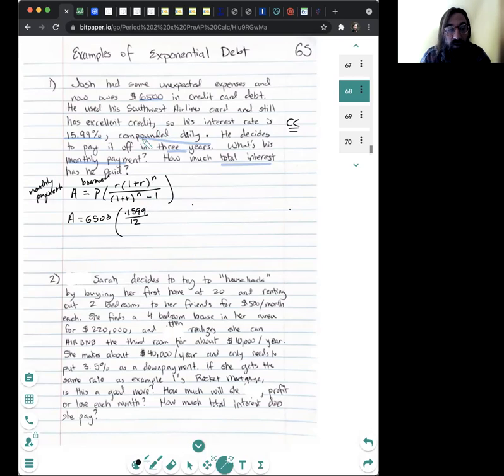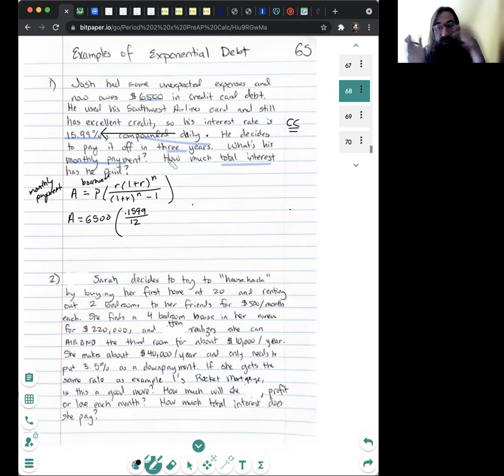In other words, the compounded daily is built into the 15.99%. This is a real-world problem, which means it is more intricate. You're welcome. I just did a bunch of research, and that's the reality.